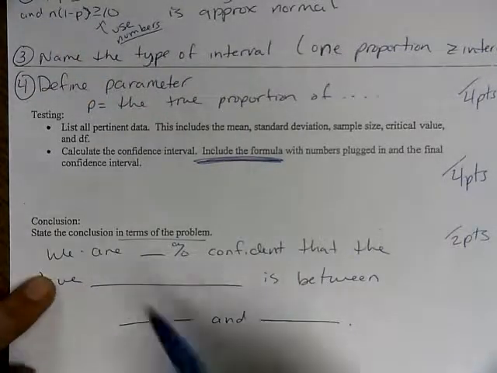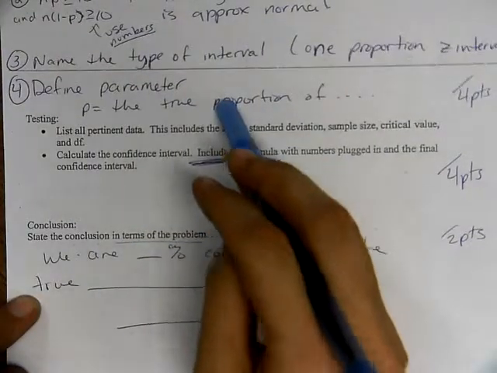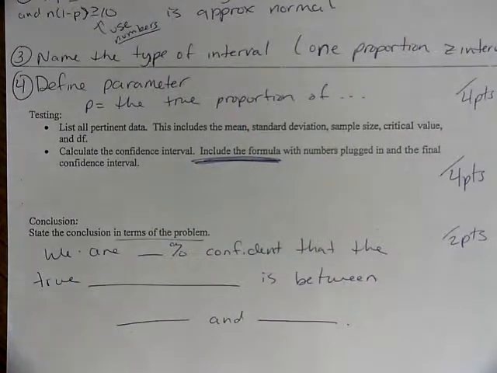And this part should go back up to step 4: the true, and then whatever you wrote there, write it again. Seems repetitive, but this is how they check for the AP scores, and if you do all of this, you get 10 points every time.